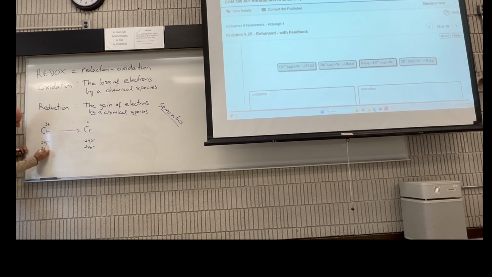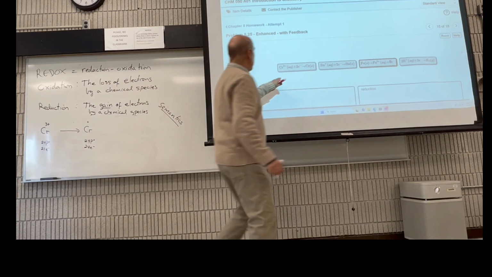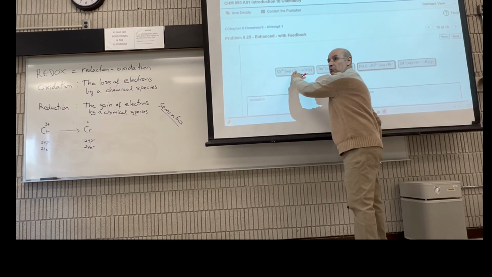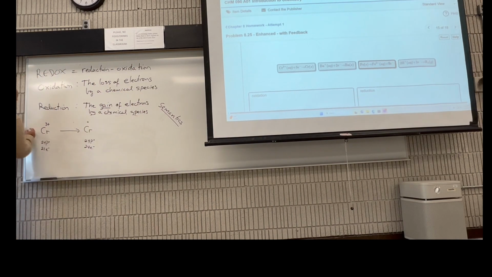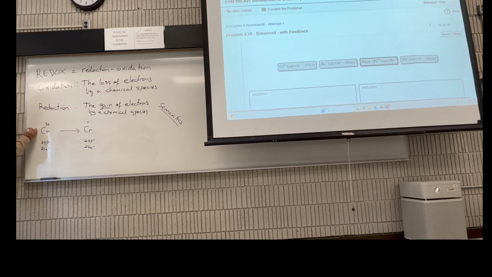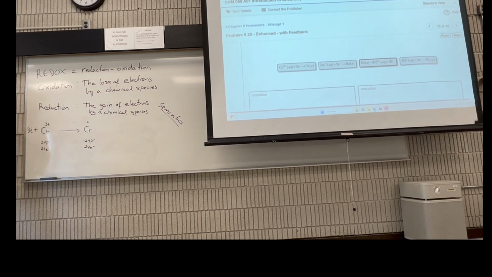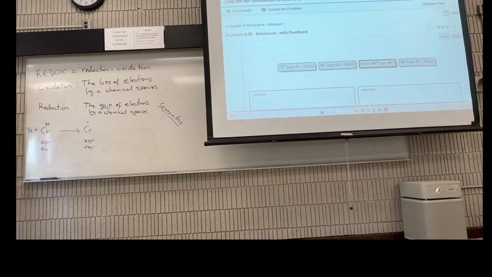So it must have 21 electrons. So how do you go from 21 electrons to 24 electrons? You had to add 3 electrons. So that's why this has plus 3 on the left side. So we're going to say 3 electrons plus chromium 3 plus becomes chromium 0.